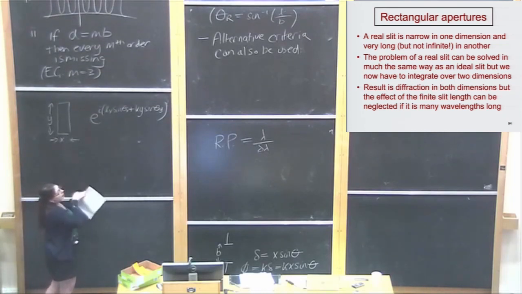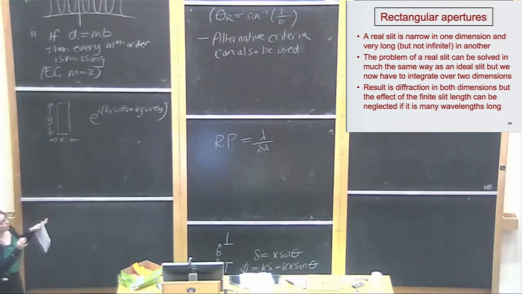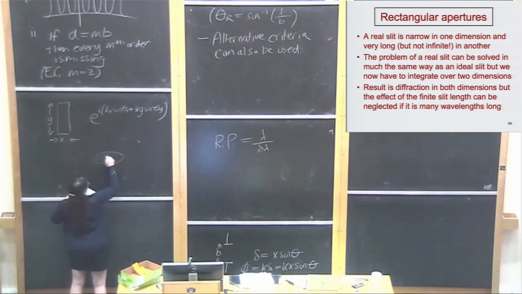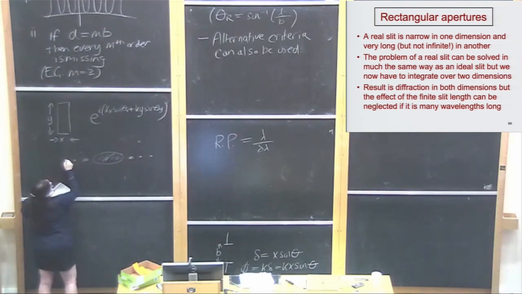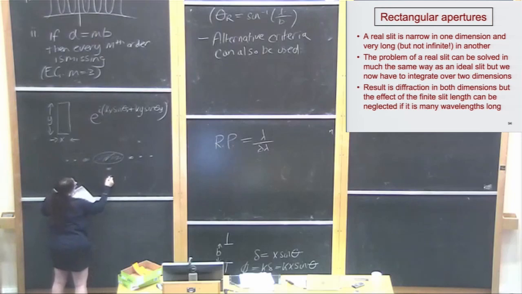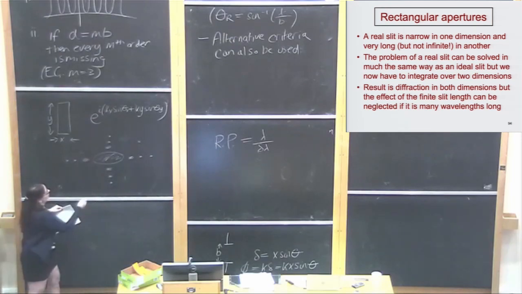It turns out that you just get a sinc pattern in both dimensions, sort of independently. So what it would look like, looking top down, is one intensity distribution from one dimension, and then another one that looks like this from the other dimension. That's basically what it looks like.